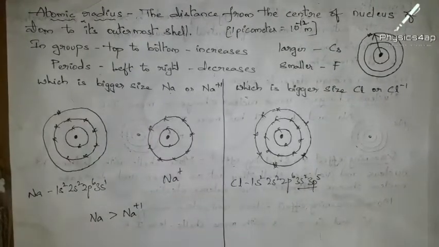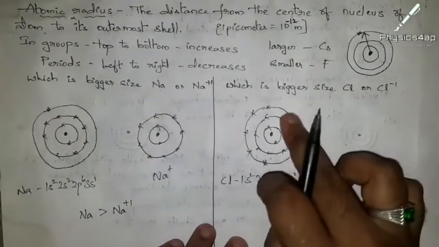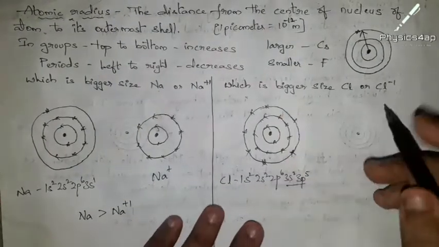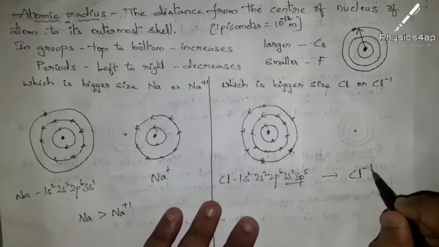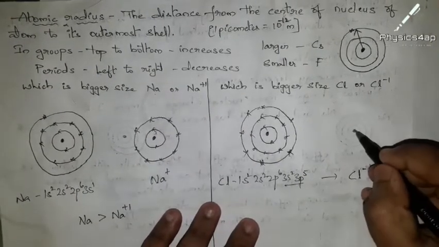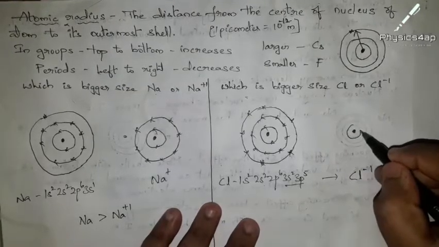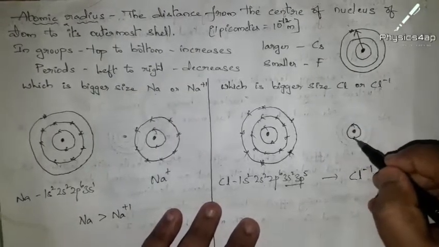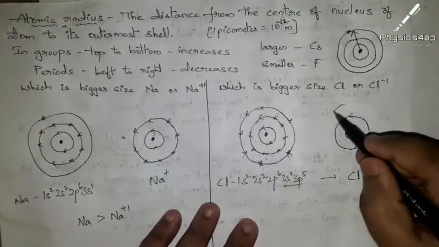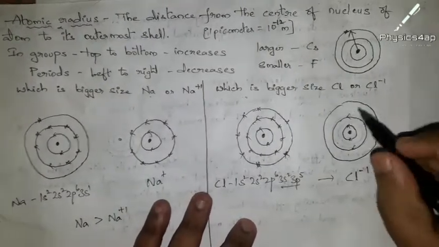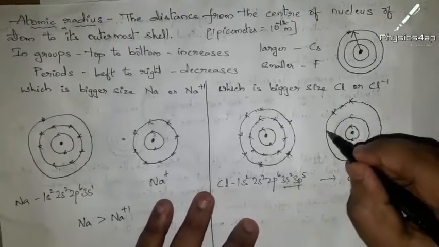Now when we add one electron to it, it becomes Cl-1, and when you see the size of the atom, 1, 2, 3, 4, 5, 6, 7, 8.